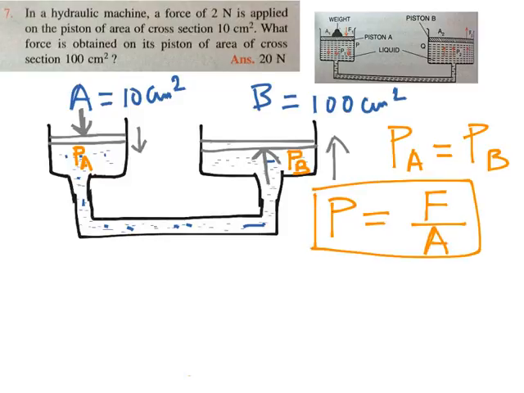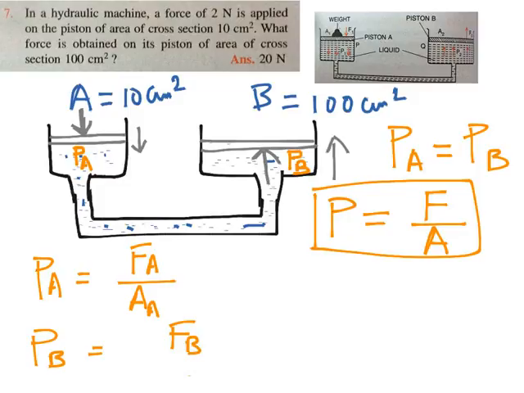So for PA, the pressure is FA by area of A, and for PB it will be FB by area of B. According to this, PA is equal to PB.